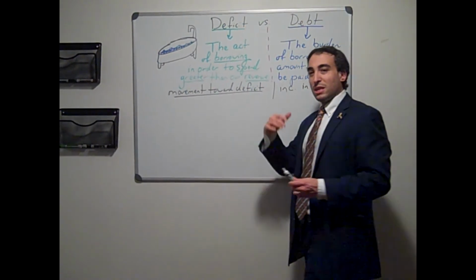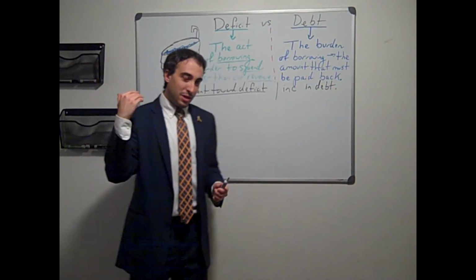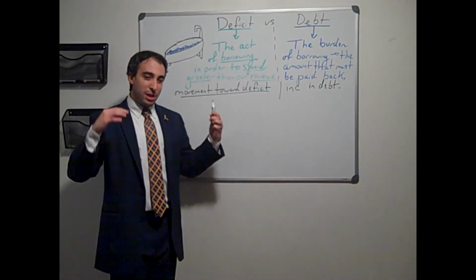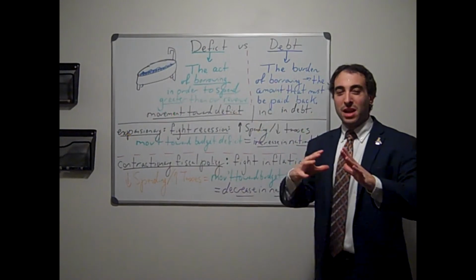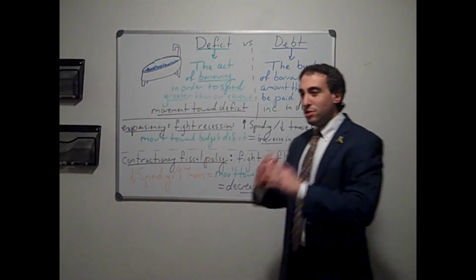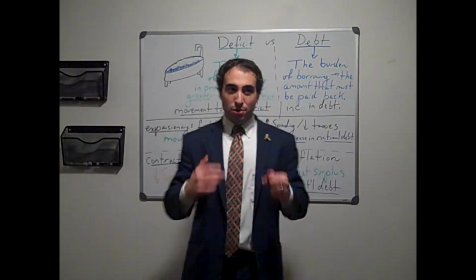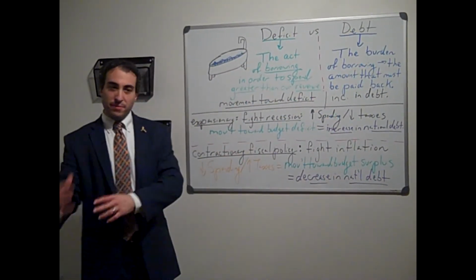Now let's take a look, with all of our vocabulary words, at how a government would do an expansionary or a contractionary fiscal policy, putting all of our key vocabulary words around fiscal policy together. The two situations in which the government would use fiscal policy are to fight recession or inflation.